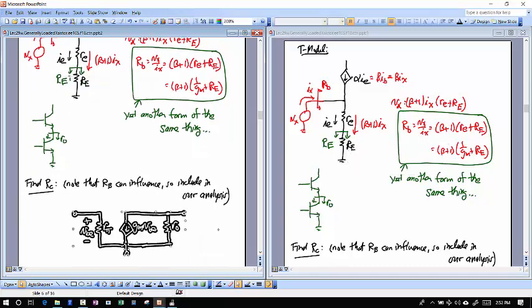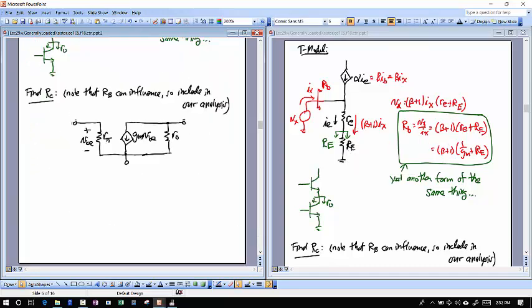It's almost faster to just draw the thing again. All right. So there's my small signal circuit. And so now I want to make this as general as the original circuit there. So I'm going to hang out an RB right here. That's the resistance seen looking out of the base terminal.